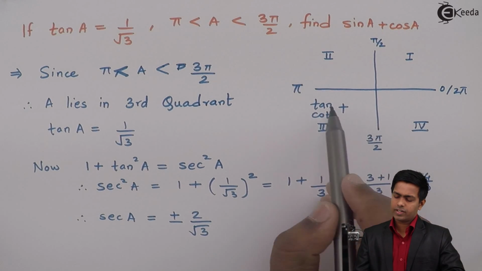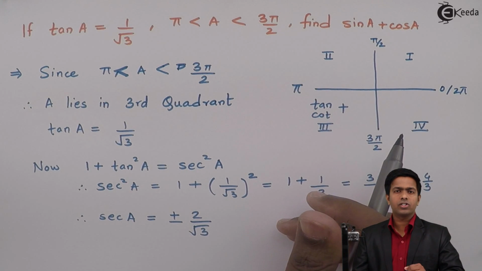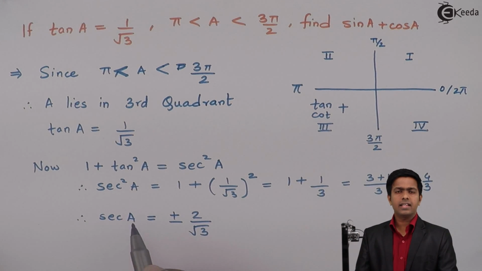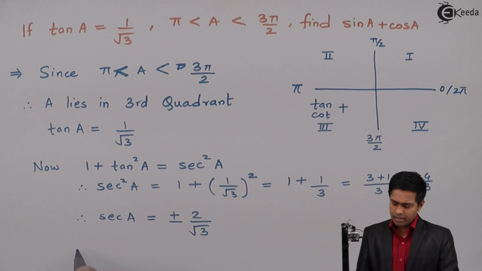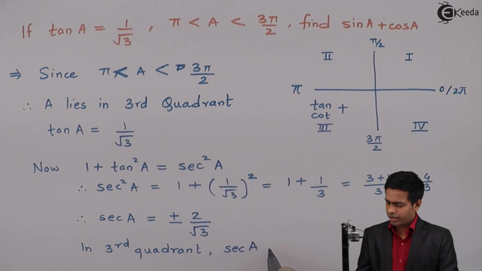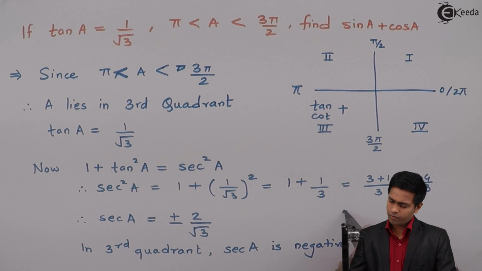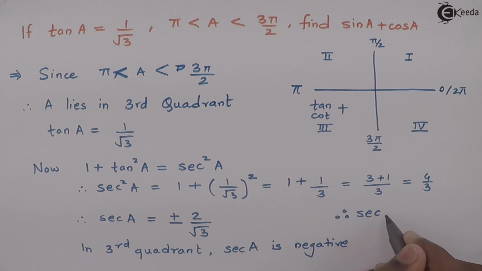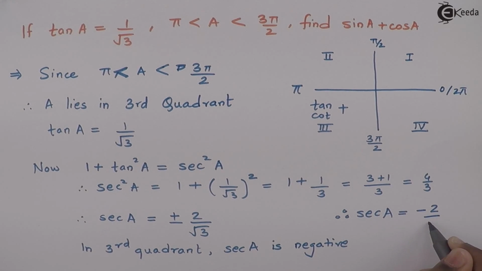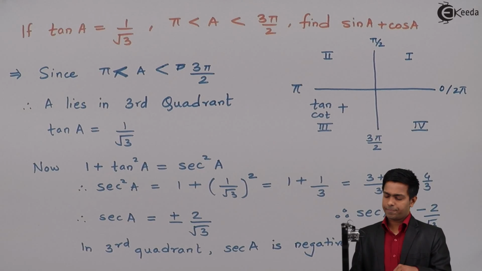So in third quadrant, as we said that tan and cot are positive, it means the remaining other trigonometric functions are negative. It means sec is negative. So here I will say in third quadrant sec of A is negative. So therefore we can say that value of sec A is equal to negative 2 by root of 3. So we have accepted the negative value of sec.